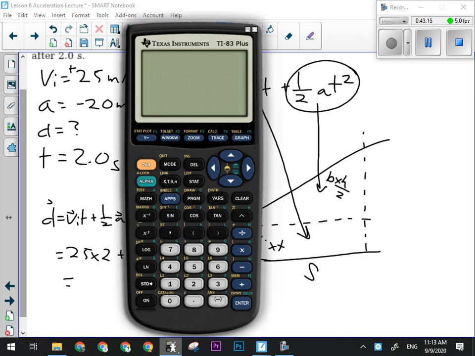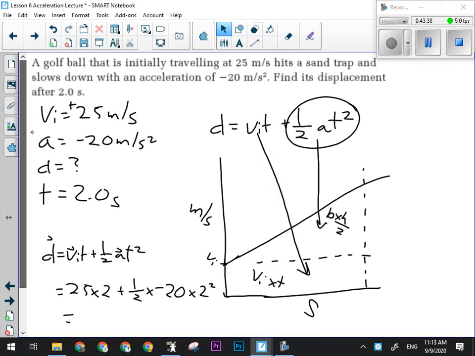So I'm going to have 50 plus 0.5 times negative 20 times 4. So the overall displacement of the golf ball, slowing down, is positive 10 meters, or 10 meters forwards. Everybody all right with that?